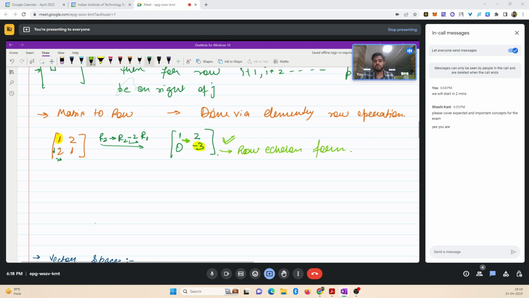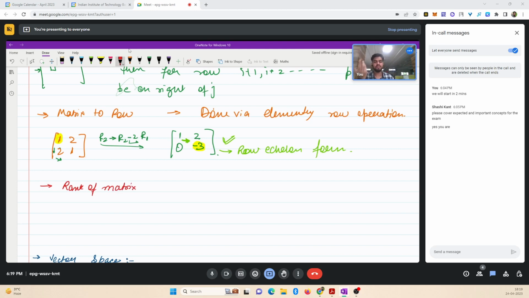Okay, so now before moving to row reduced echelon form, let's recall some more things. Next thing is, how do we call a system consistent or inconsistent based on a matrix representation? Okay, so first of all, let's define what is the rank of a matrix.